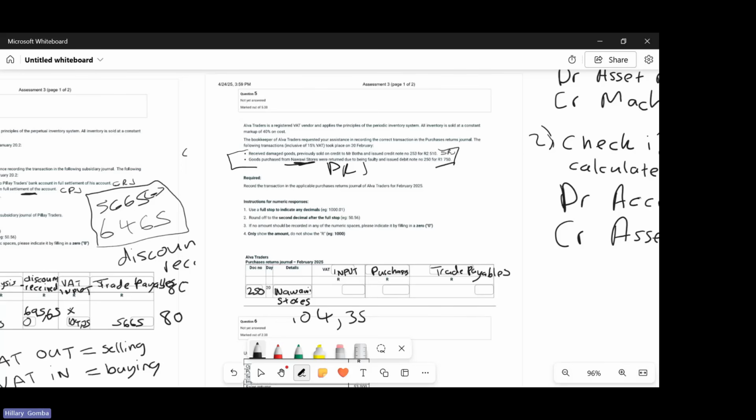So purchases, as I told you, is the amount excluding VAT. But they also told you that the transactions below are inclusive of VAT. So now you need to calculate how much VAT is in 1,750. So you say 1750 times 15 over 115.